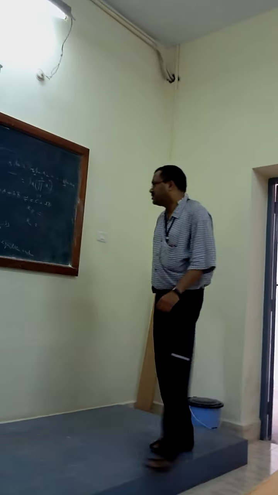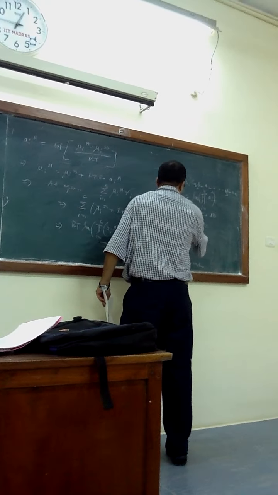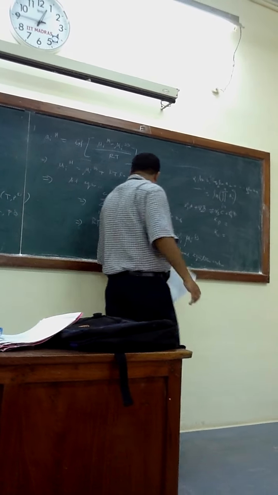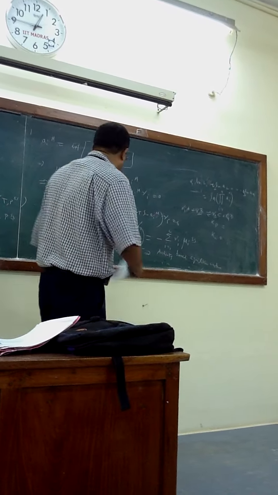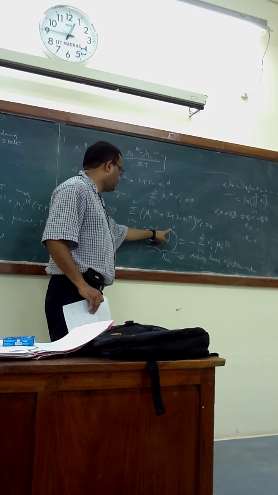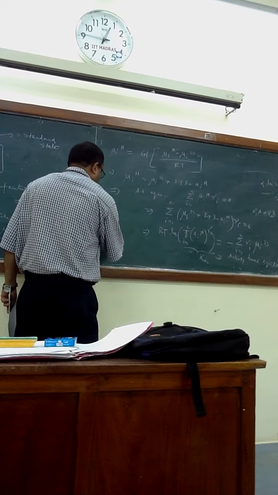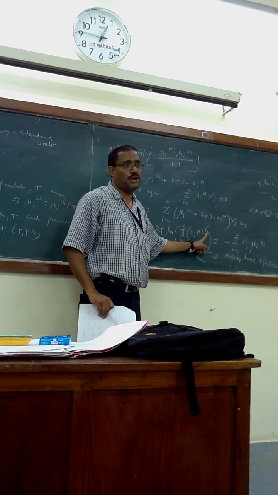So what is this activity coefficient base? These are your gamma: gamma 1, gamma 2, gamma 3, and gamma 4. Now if you look at this Ka, this entire thing is to the power gamma i. Ka equals, this gamma is positive for the product and negative for the reactant, so the reactant part will come into the denominator.